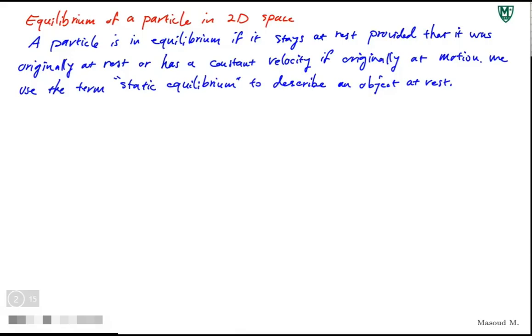Newton's first law. So if an object is in equilibrium, meaning that it is at rest or is moving with a constant velocity on a straight line, the first law says the vector sum of all the forces applied to that object should be zero.